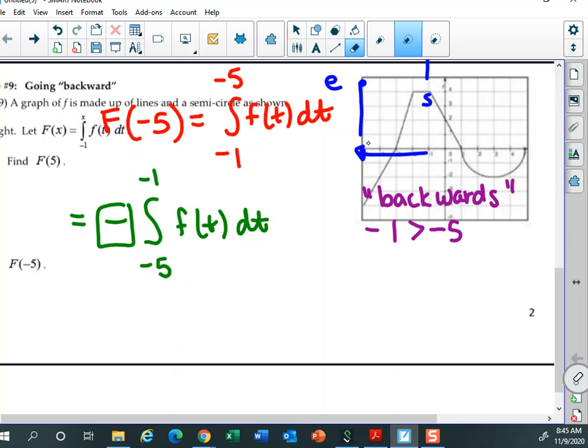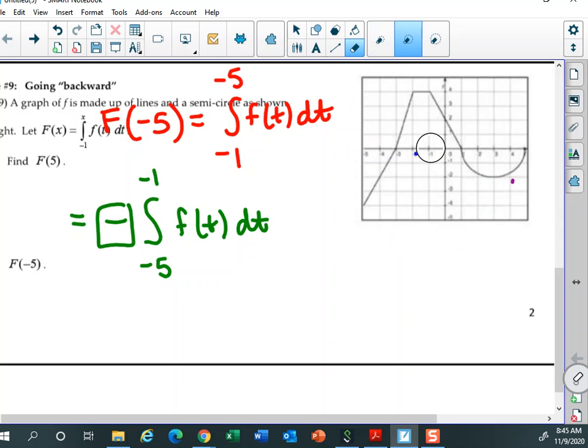Let's just kind of erase some of this stuff here. Okay, so if we're going to go from -5 start to -1 end, this is going to be a negative, and this piece is going to be positive.